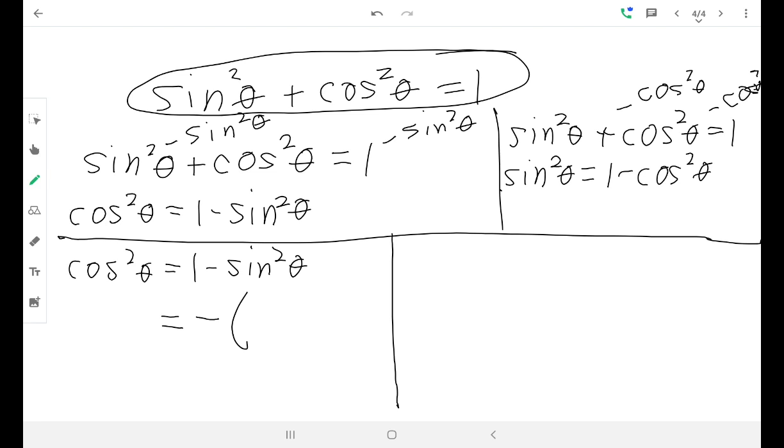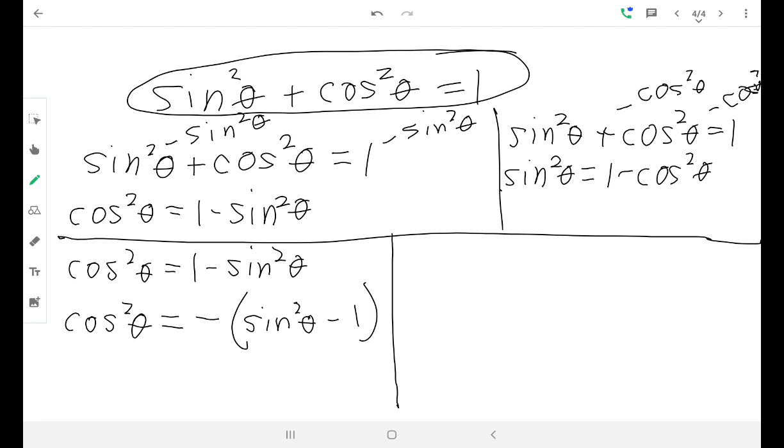The 1 goes from being positive to negative, and the negative sine squared theta goes from being negative to positive. So you get a positive sine squared theta and a -1 by doing that, okay? And so if you were to look at it this way now, and I haven't done anything to the left side, notice that.